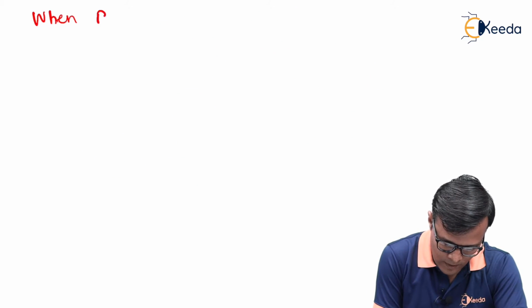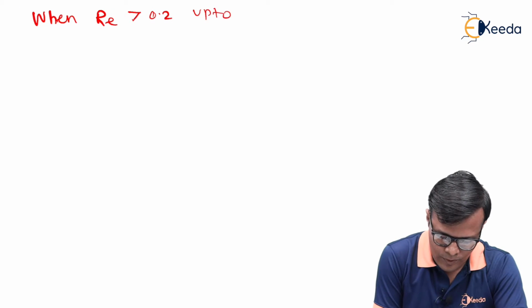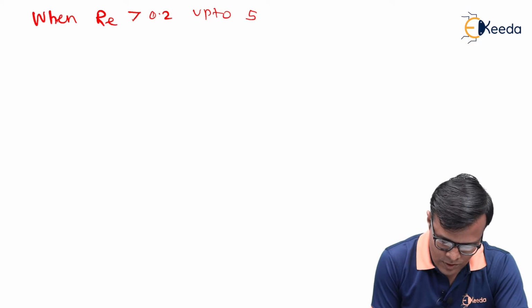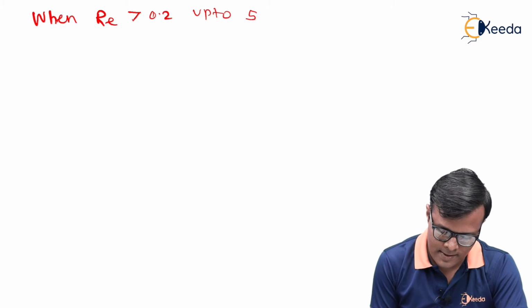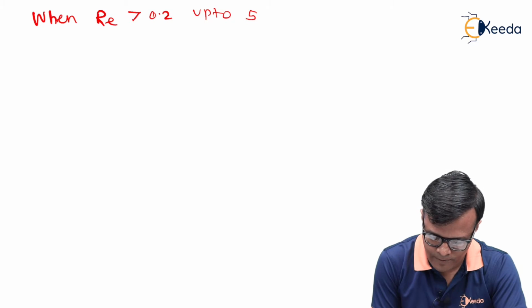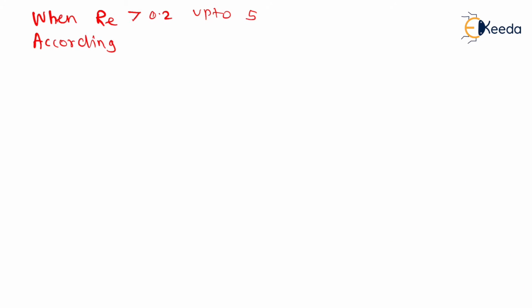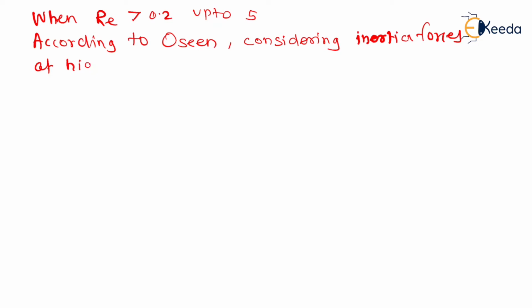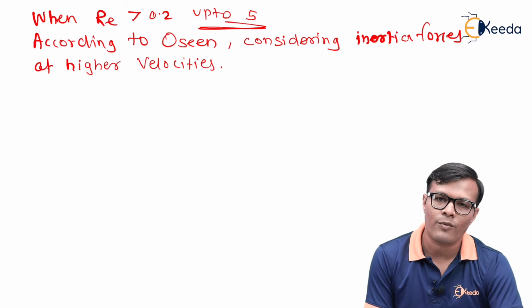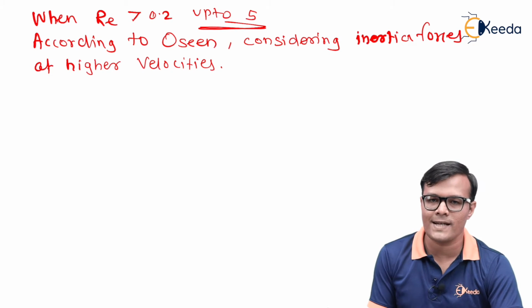But what about higher values of Reynolds number? When Re is greater than 0.2 up to 5, then another scientist revised the value of Cd. According to Oseen, considering inertia forces at higher velocities, because as this Reynolds number value is increasing, it means the velocity of flow is increasing.